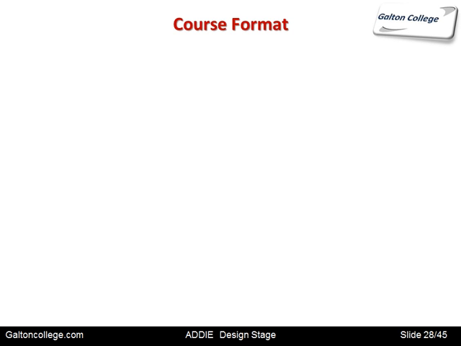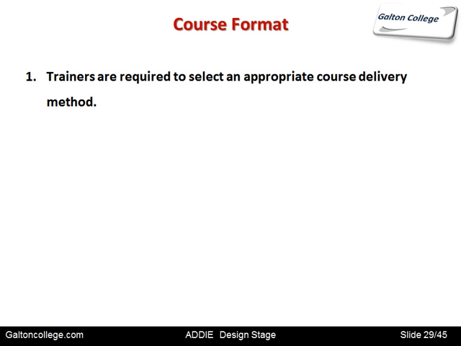Now, the course format, well, trainers are required to select an appropriate course delivery method. That almost goes without saying. It's important that the trainers look at various delivery methods and select the most appropriate. Various delivery methods may be to produce a booklet and discuss the booklet, or it could be to make videos and discuss the videos, or whatever the format is.